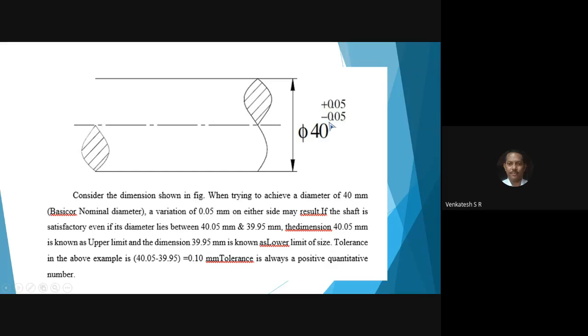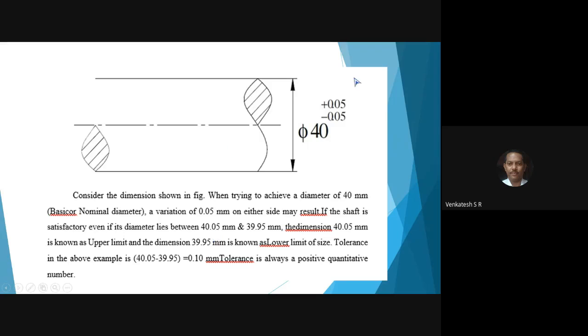And if you write minus 0.05 in the subscript, it is called lower limit. In the power, whether it is minus or plus 0.05, it is called upper limit. If you add these two limits to the nominal dimension or nominal diameter, you will get the dimensions 39.95 and 40.05.